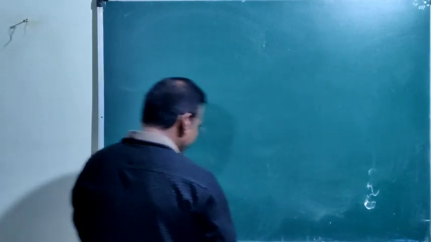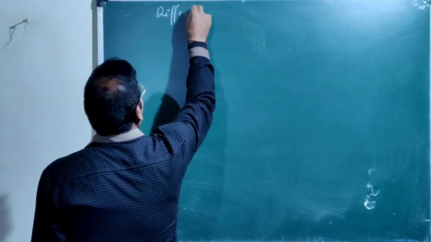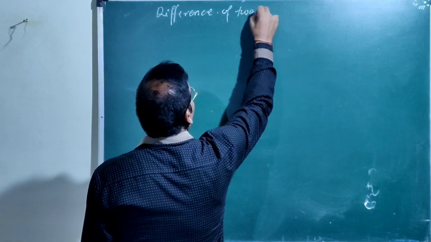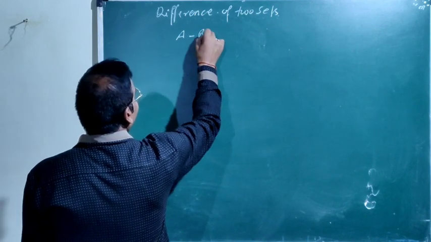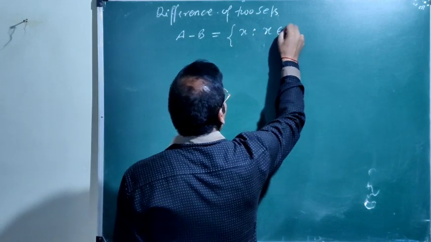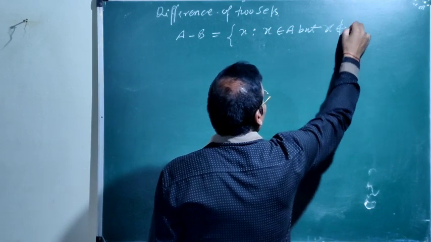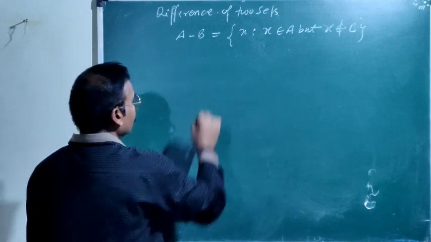Now the difference of two sets. What is A minus B? It is the set of X where X belongs to A but X doesn't belong to B. This is the definition of the difference of two sets.